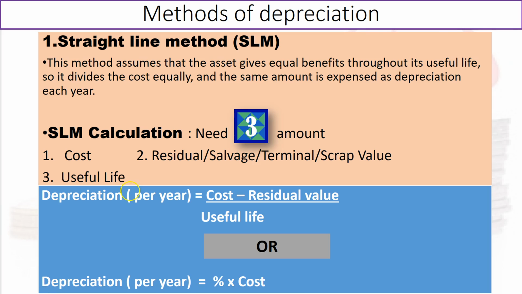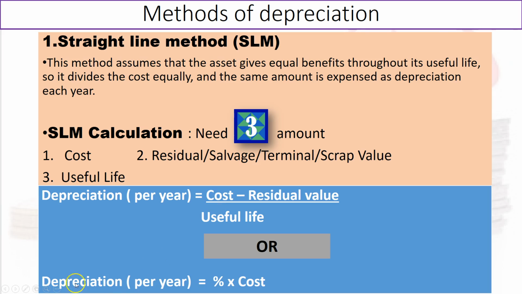So always remember when you're using this formula, you're calculating for a year. If you do not use the non-current asset for more than 1 year, make sure you times the portion of the months. So if you use it for 6 months, times 6 over 12. If you use it for 3 months, times 3 over 12. After that, cost minus residual value divided by useful life.